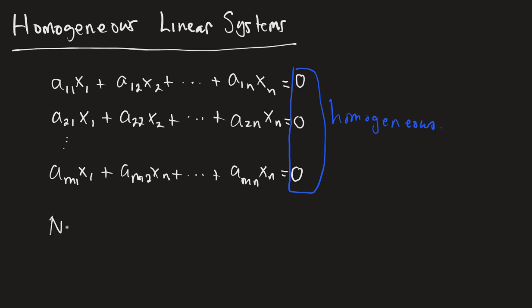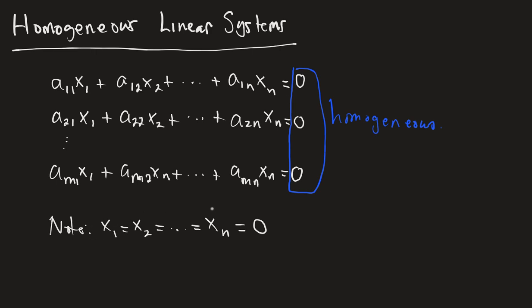Note x1 equals x2 equals dot dot dot equals xn equals 0. In other words, if I replace all my variables on the left hand side with the number 0, then I would have found a set of values for my variables that would satisfy all m equations, because this whole expression here would be 0, and clearly 0 is equal to 0.